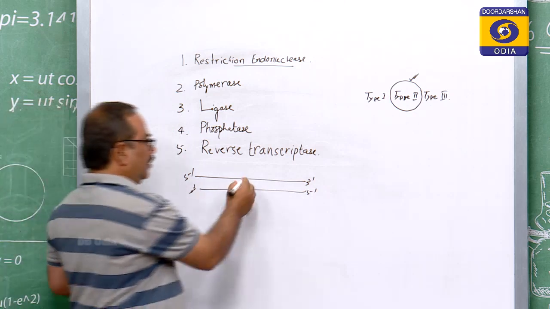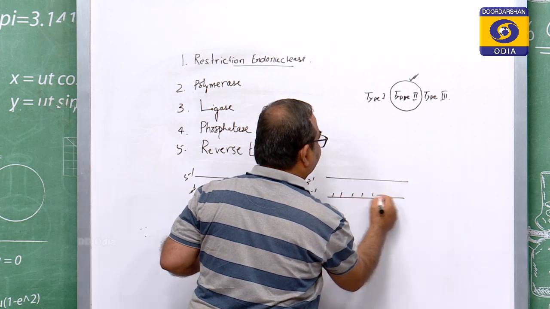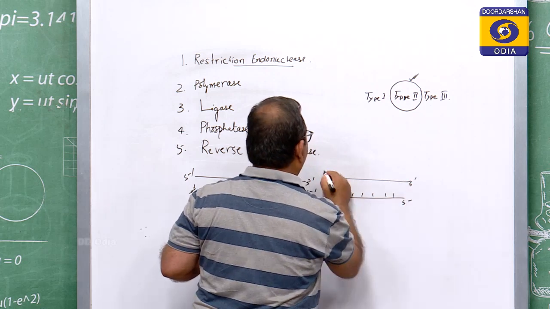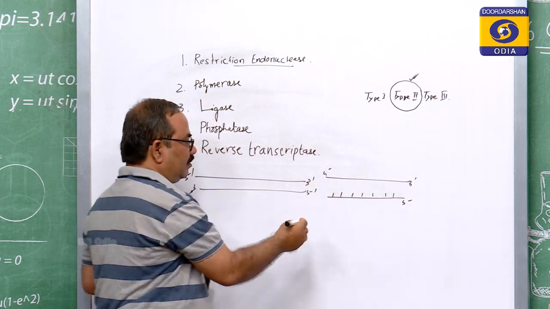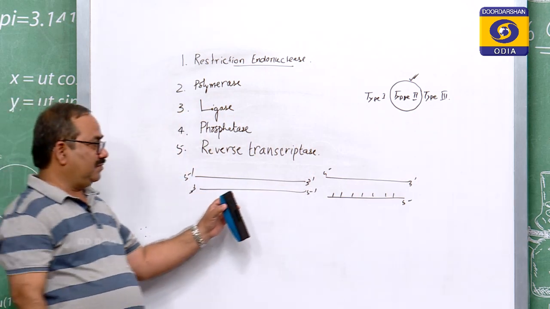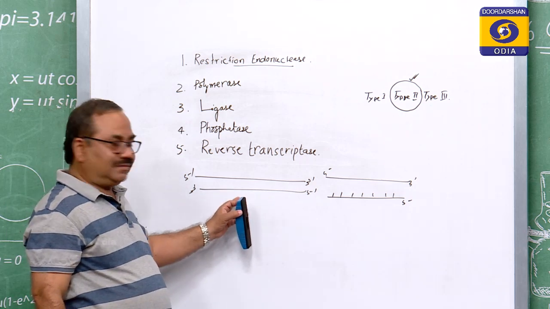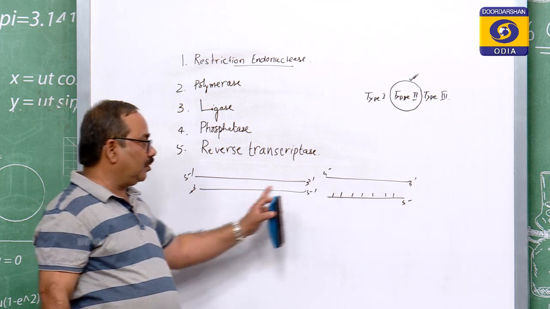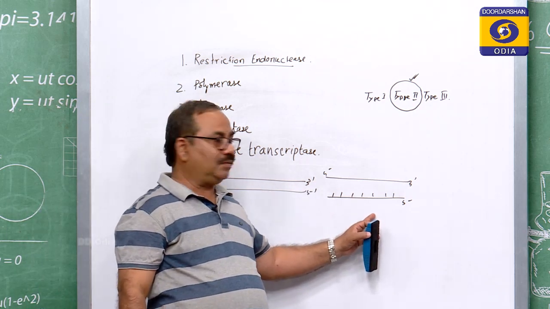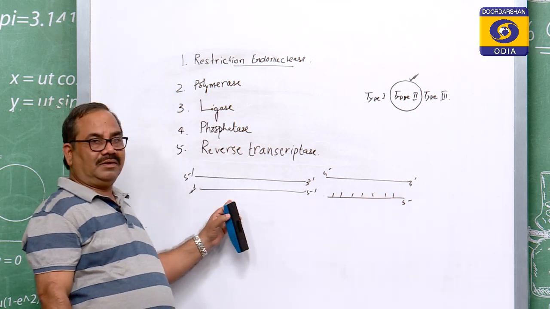When a strand of this is converted to an RNA, then it is referred to as the transcription. The difference is just the nucleotides. Here we have deoxyribonucleotides, here we have ribonucleotides, and here we have a ribose sugar, and here we have a deoxyribose sugar.